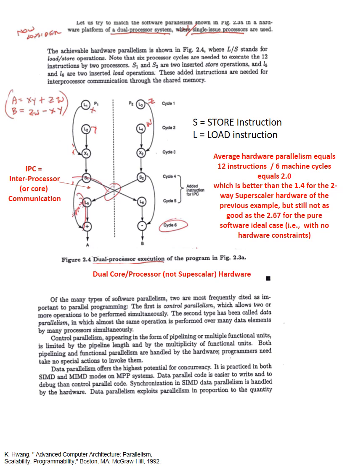So now we look at a second example comparing the original software parallelism to hardware parallelism with now a dual core, dual processor system. And in this case, there's interprocessor communication. And that can be different depending on the architecture.